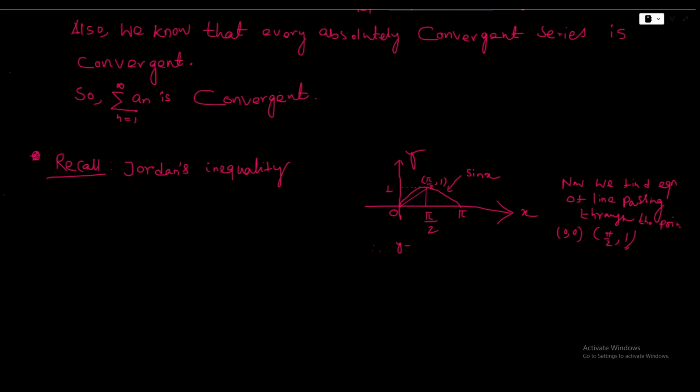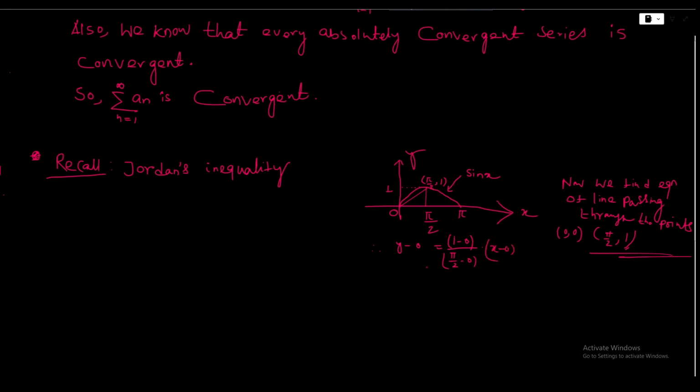So equation of the line क्या होगा, इसका इक्वेशन होगा y minus y0 that is 0 equals to slope क्या होगा, y1 minus y0 that is 1 minus 0 upon x1 minus x0 that is π/2 minus 0 times x minus x0 that is 0.